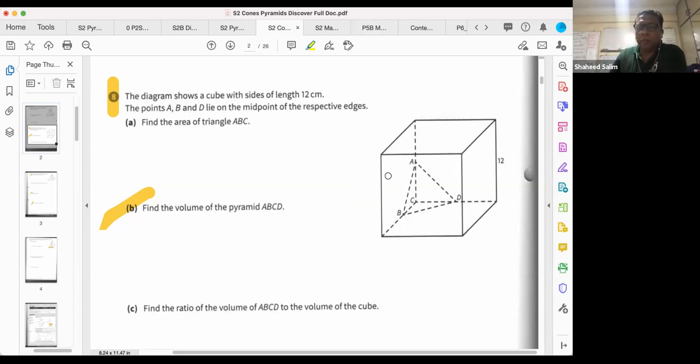Now this pyramid is a triangular one. You have one triangle here. Okay, this whole thing is 12, right? The cube is 12. So if this is all midpoint, that means this one is 6. This one is 6. This one is 6. So I will try to draw using a straight line.